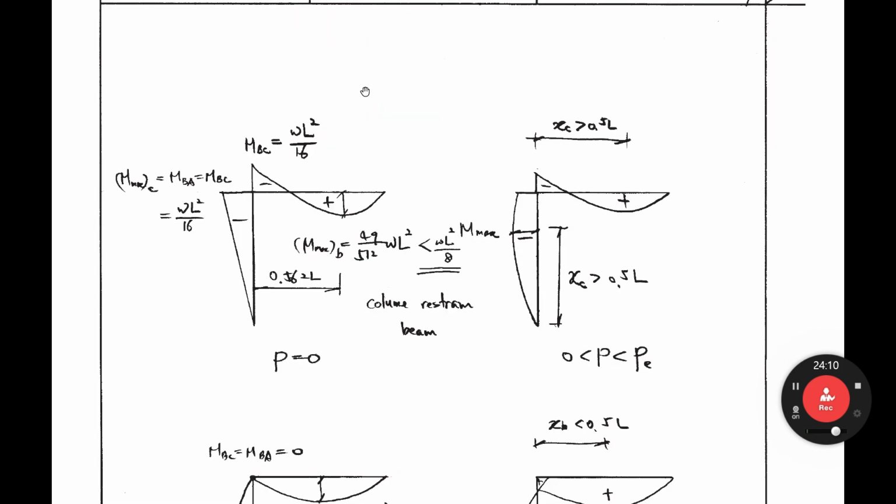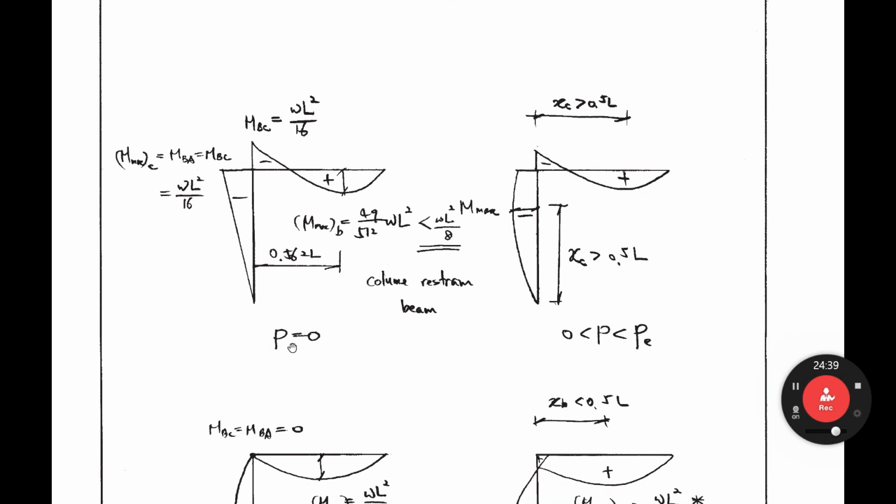That is the result. If P equals 0, that must be the same as the result of first order moment. First order analysis, right? MBC omega L square over 16, like that. You have already seen this result, right? Okay, if P increases, but P must be less than PE, in this range the maximum moment occurs at the column, like that.